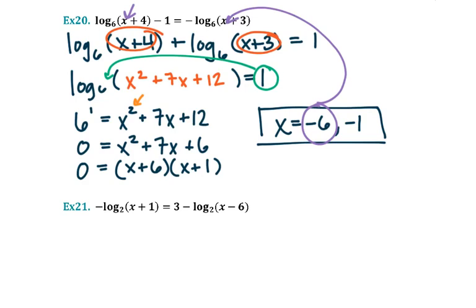If I were plugging -6 into, say, log base 6 of x plus 4, that would be log base 6 of -2. And I can't take the log of a negative number. So -6 is extraneous in this situation. Only x equals -1 works.